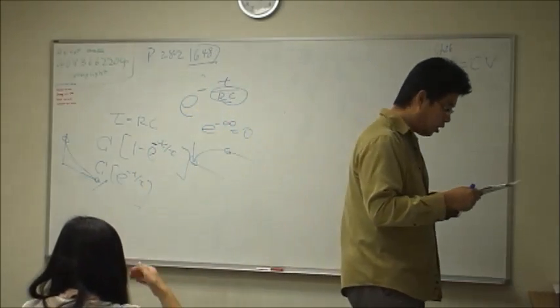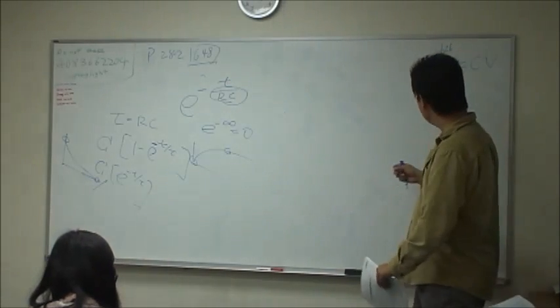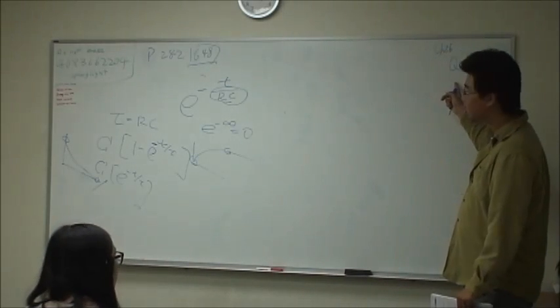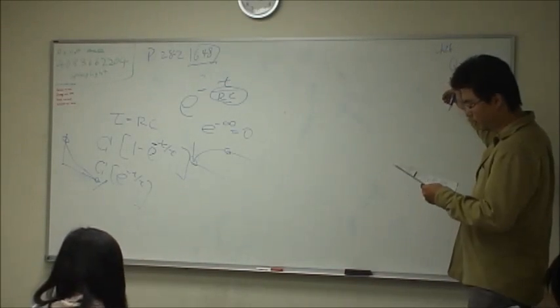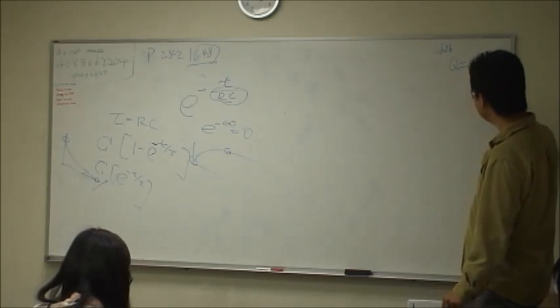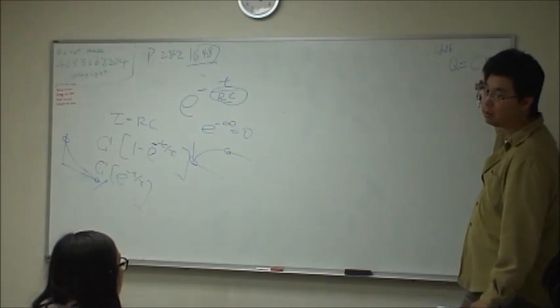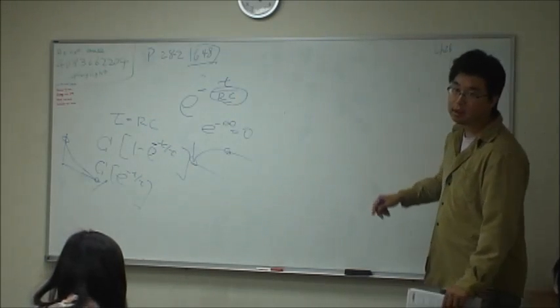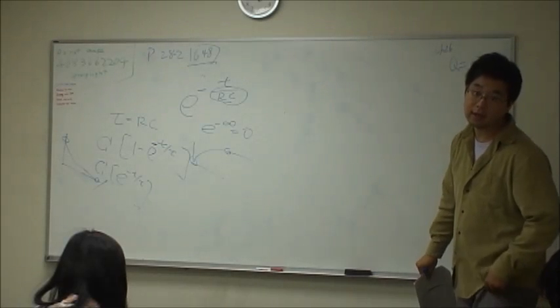So when we talk about the capacitor, capacitance is in farads, voltage is in volts, and Q is in coulombs. Okay, make sense?